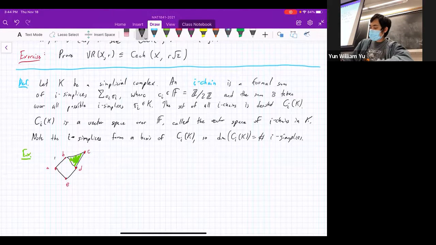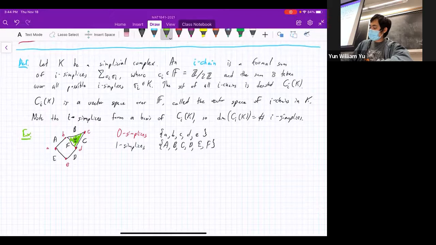Let's label this A, B, C, D, E, F for all our 1-simplices. And we have a 2-simplex here, this triangle. So then obviously, this is pretty easy to show. We have our 0-simplices, which are just the set A, B, C, D, E. We have our 1-simplices, which is going to be the set capital A, B, C, D, E, F. And we also have a 2-simplex, which is just going to be tau.